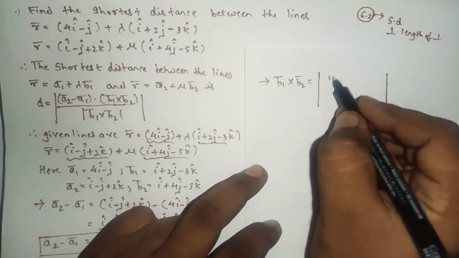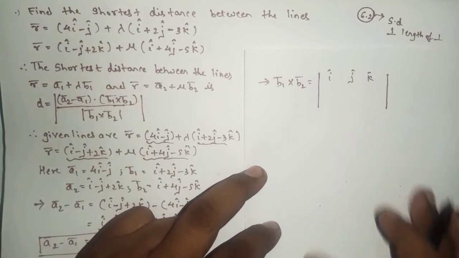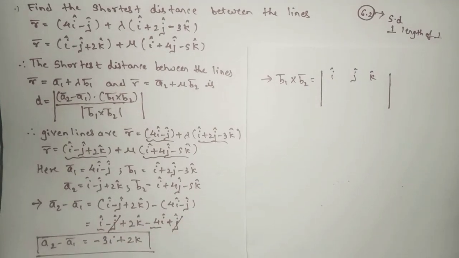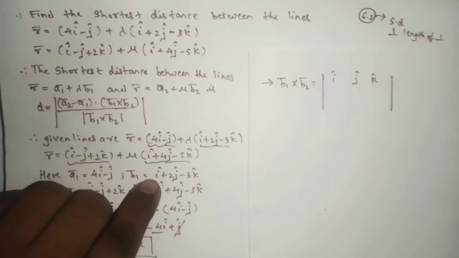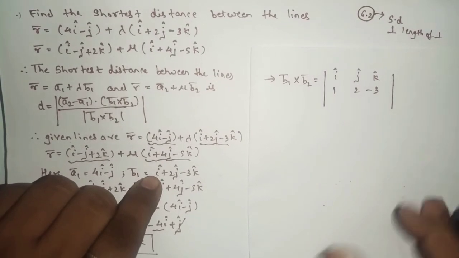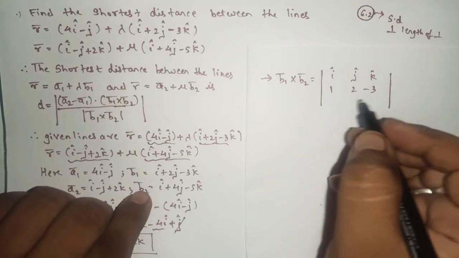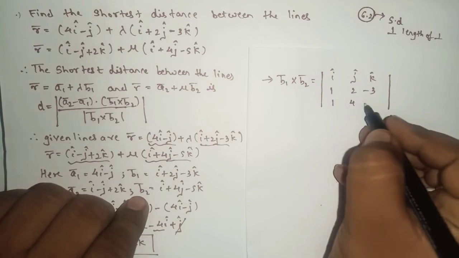In the first row you will write i, j, k. In the second row you will write the coefficients of i, j, k of b1. So here b1 is 1, 2, minus 3. And in the third row you will write the coefficients of i, j, k of b2: 1, 4, and minus 5.